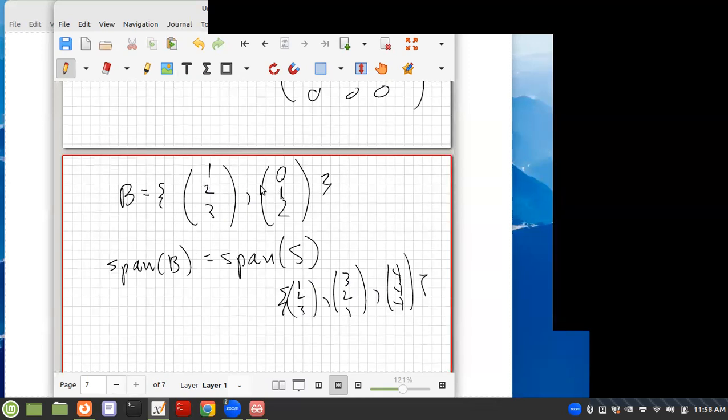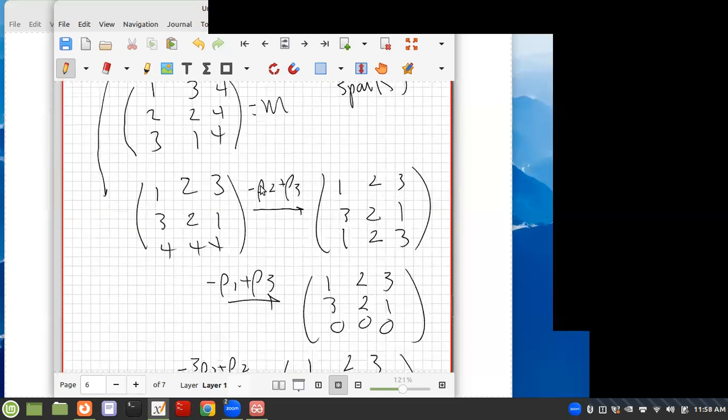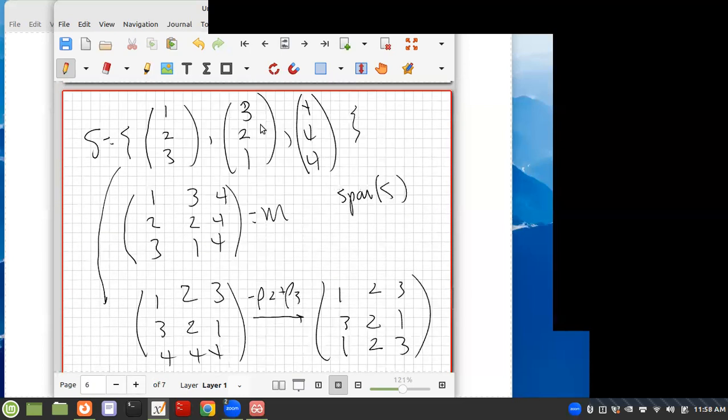And since Gauss's method never changes the span of the row space, it's not going to change the span of these vectors here. You can see there's this going back and forth between a matrix and its transpose, where we interchange rows and columns. There's some kind of connection here, and that's why transposes are relevant.